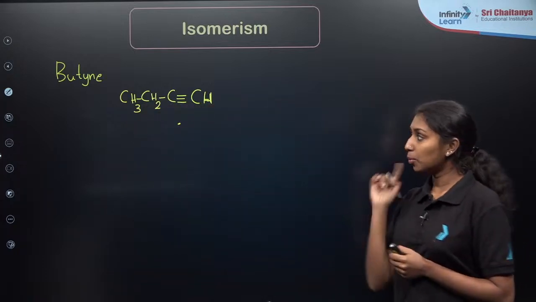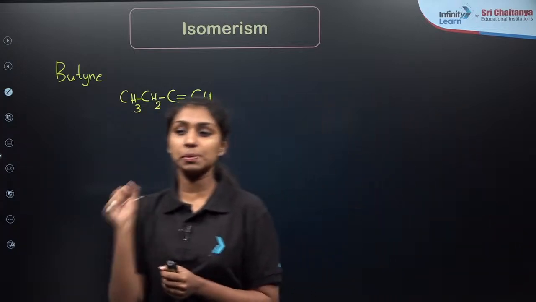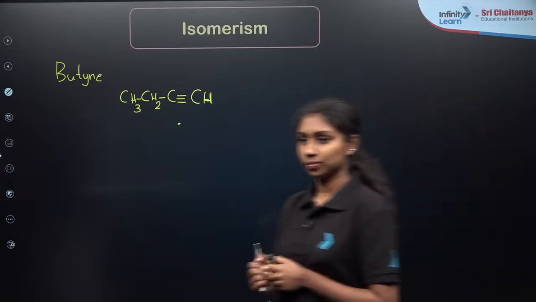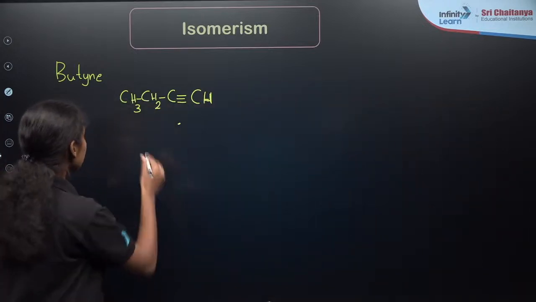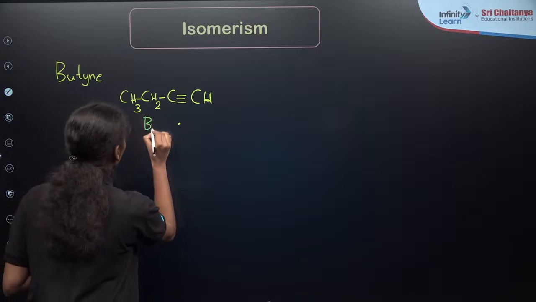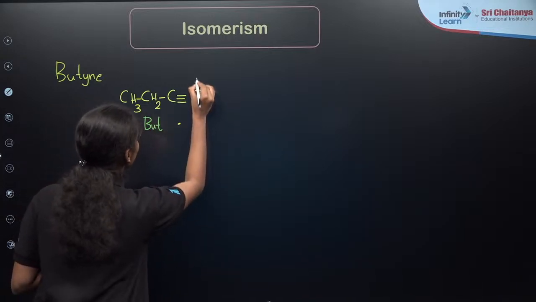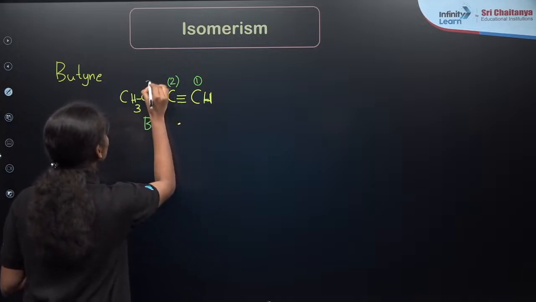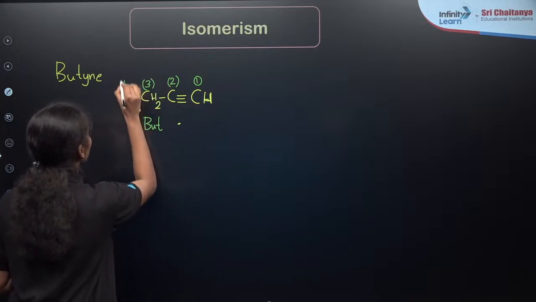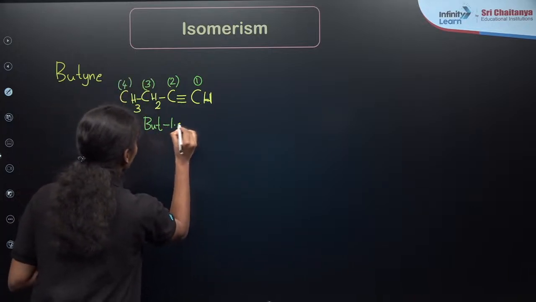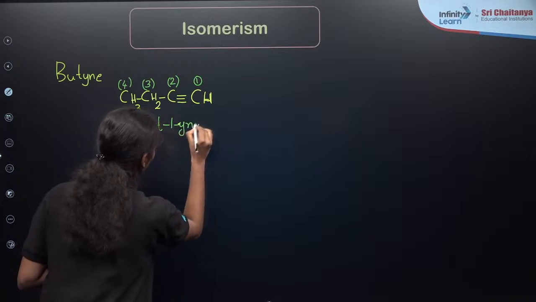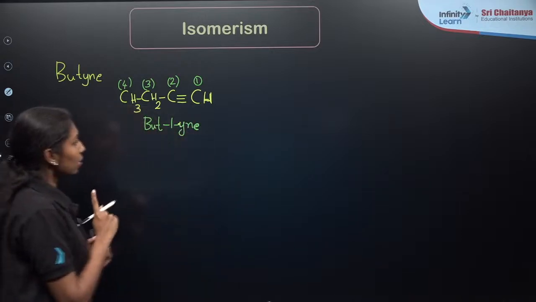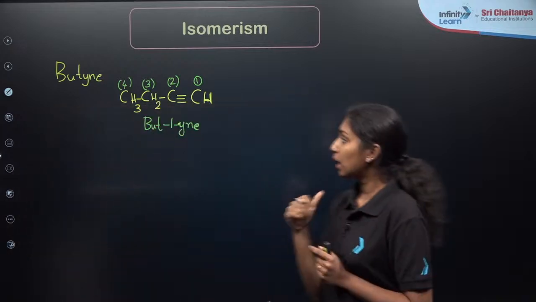First you need to check the number of carbon atoms, then give the position of the triple bond. A 4-carbon compound, so it will be but. What will be the position of the triple bond here? While numbering, you give the least number to the triple bond. So it will become but-1-yne. Right, but-1-yne. So this will be the first formula for butyne.